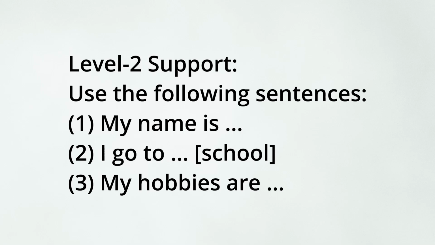Going down one level, level 2 would provide sentence stems for students to use to answer those questions. For the previous questions I gave, these sentence stems would be, my name is, I go to such and such high school, my hobbies are. Students would use these sentence stems as guides when writing on their own paper. This would be most appropriate for those at the A1 level.